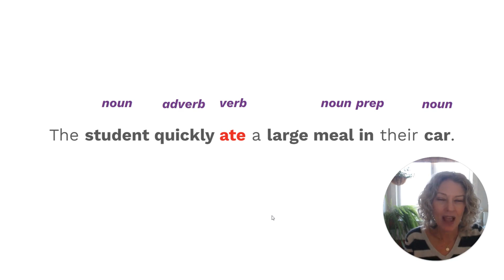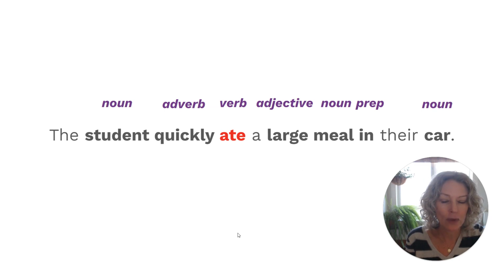And then, how did they eat? In what way did they eat? Quickly. So that's describing the verb. Adverbs describe verbs. And then finally, what are we missing? We're missing the adjective, which is describing a noun. And which noun is it describing? The meal. So what kind of meal? A large meal. So yeah, there are some little words here like the and a.